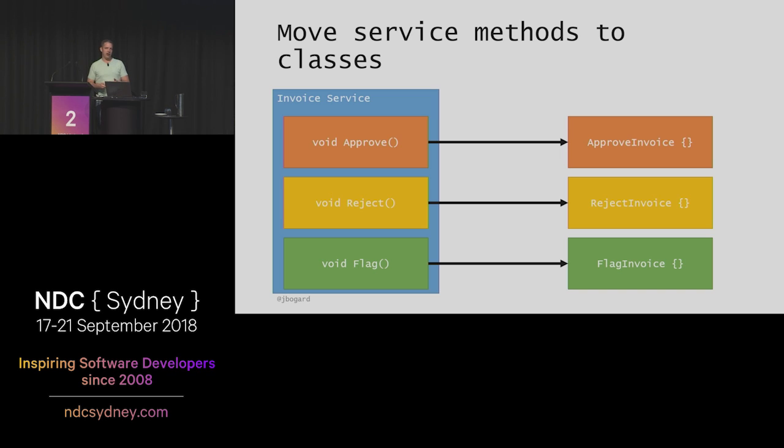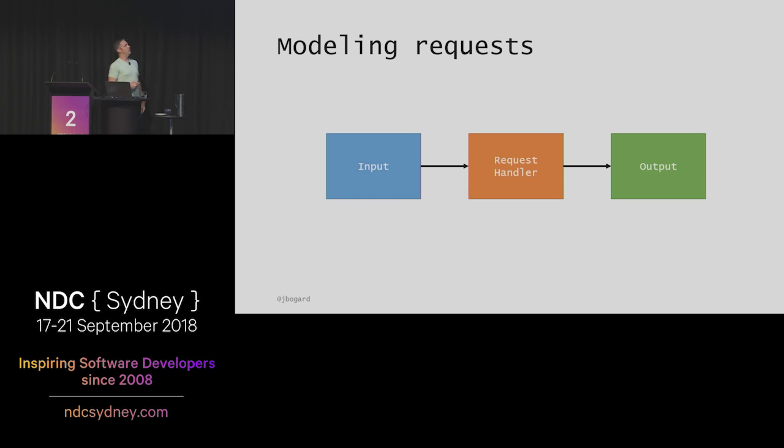Instead of representing our abstractions in terms of services and repositories, we had a request to do something, then the work itself, and then finally whatever the output of that thing was. So it looked something like this. Everything in our system had some kind of input, then some kind of handler that would handle that request to do the work, and then sometimes that work to be done would have some kind of output.